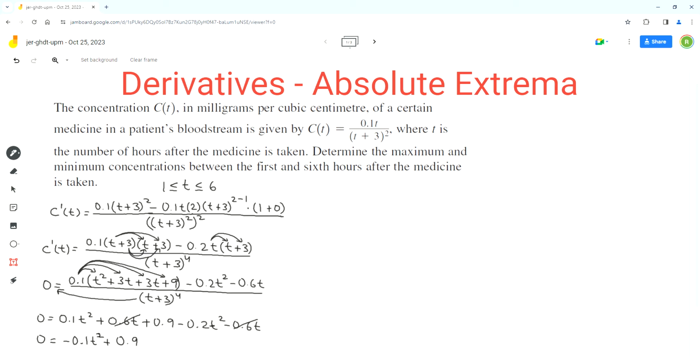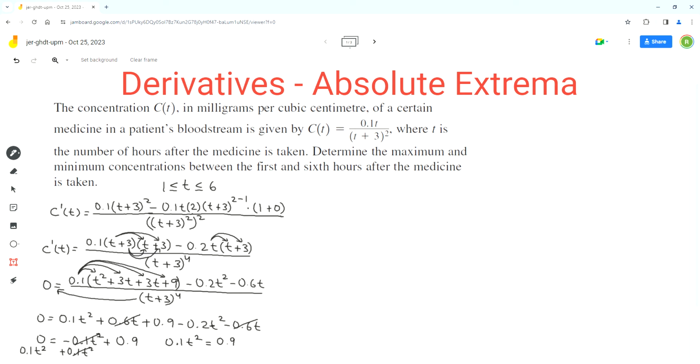Now we have to solve this equation by isolating t. So we can move the t term to the left side. So we can add 0.1 t squared to both sides. So the 0.1 t squared on the right side will cancel out, and we get 0.1 t squared equals 0.9.